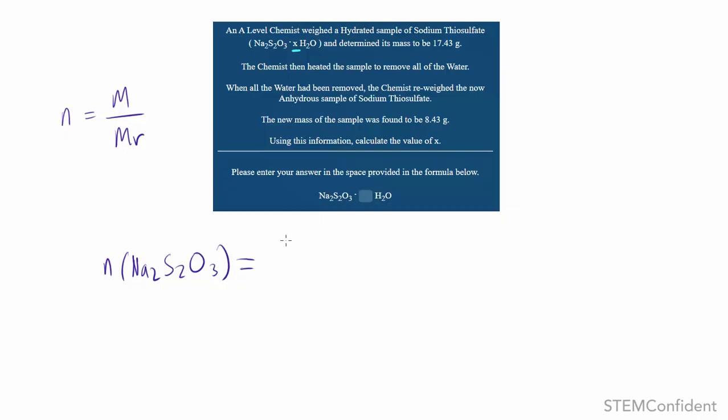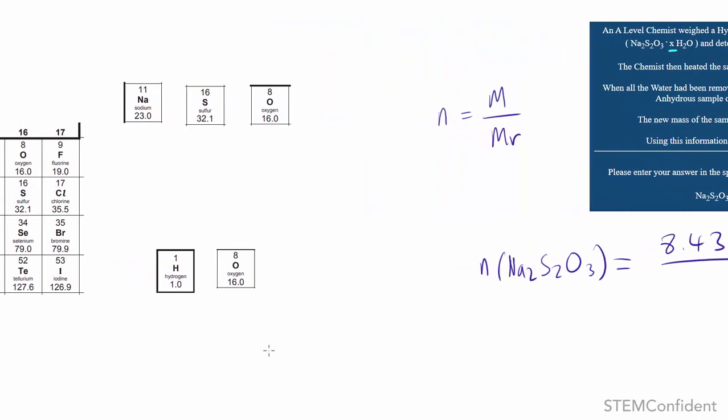So that's going to be 8.43 divided by the molar mass. Now the molar mass, we can work that out from the periodic table.